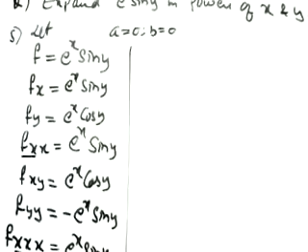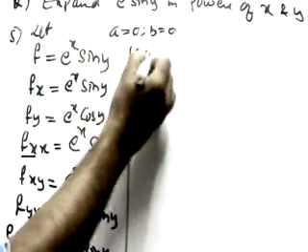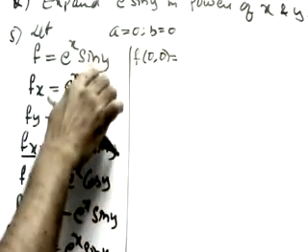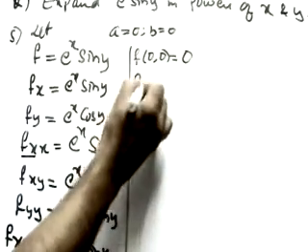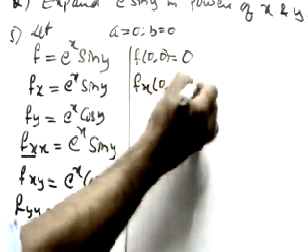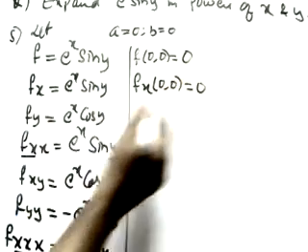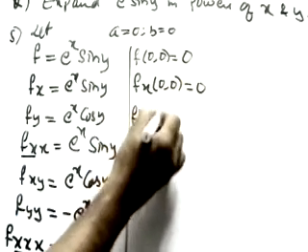Now what is the second step? We have to substitute the points. First, f(0,0): x is 0, y is 0, sine 0 is 0, 0 into a number is 0. Now fx(0,0), again sine 0 is 0, so 0.